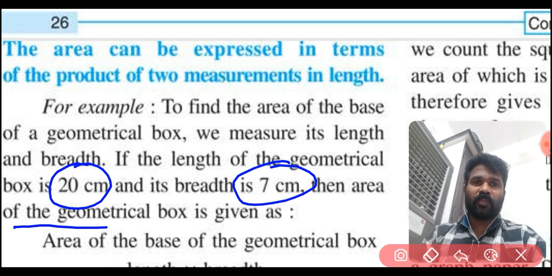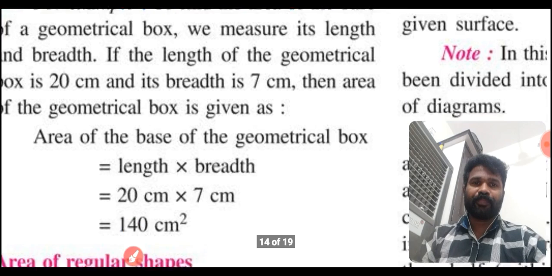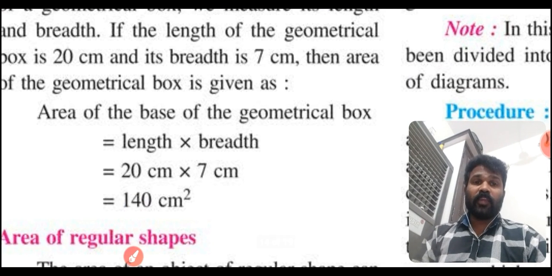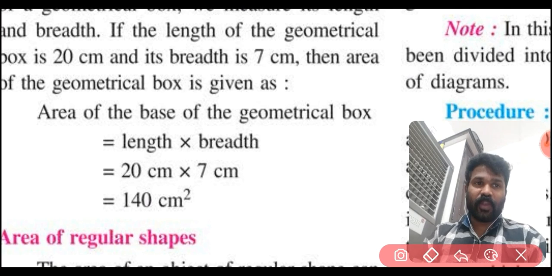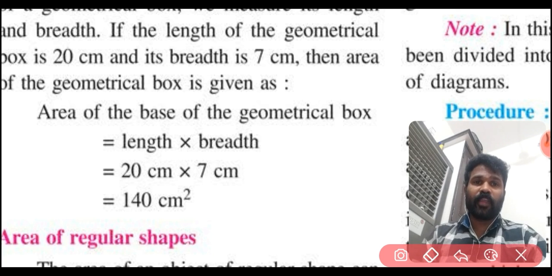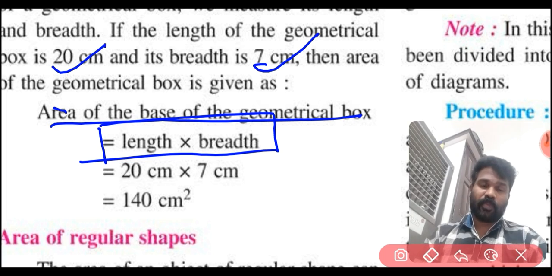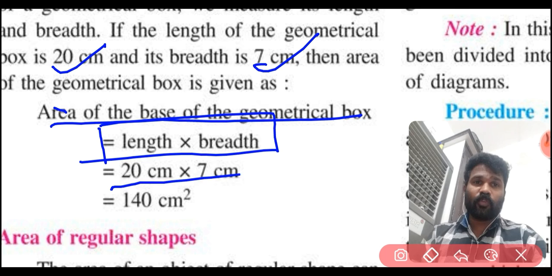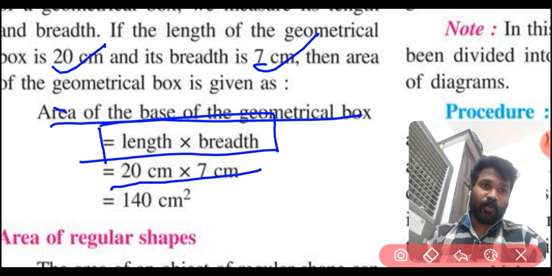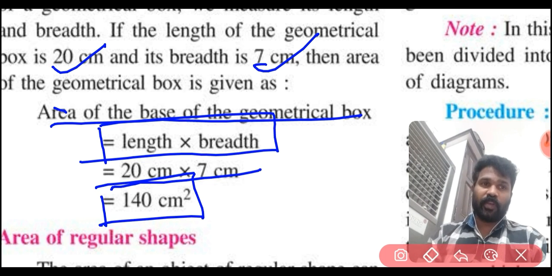Then the area is given by the formula length into breadth. We know the length is 20 centimeter and the breadth is 7 centimeter. By multiplying 20 centimeter into 7 centimeter, we get the answer 140 centimeter square.